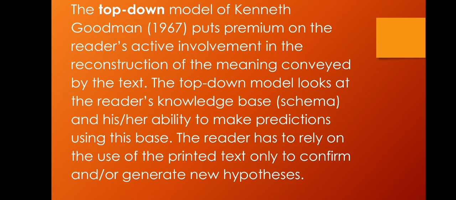And the top-down model. Now, the top-down model of Kenneth Goodman in 1967 puts premium on the reader's active involvement in the reconstruction of the meaning conveyed by the text. The top-down model looks at the reader's knowledge base or schema, and his or her ability to make predictions using this base. The reader has to rely on the use of the printed text only to confirm or generate new hypotheses.